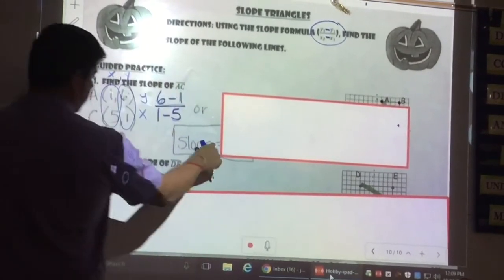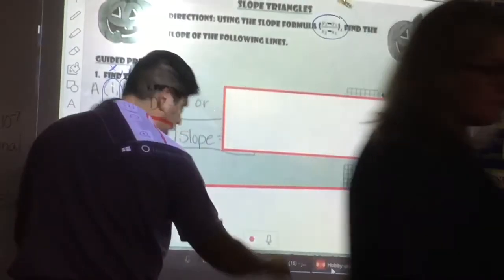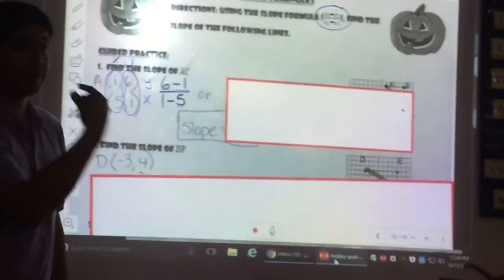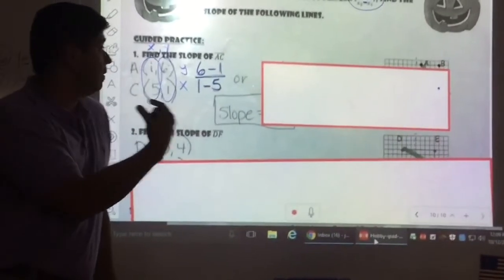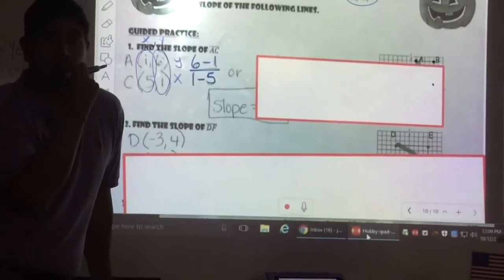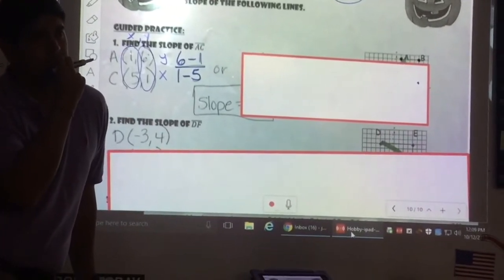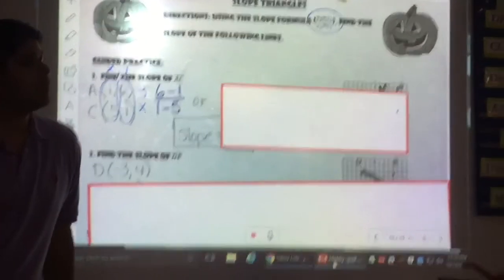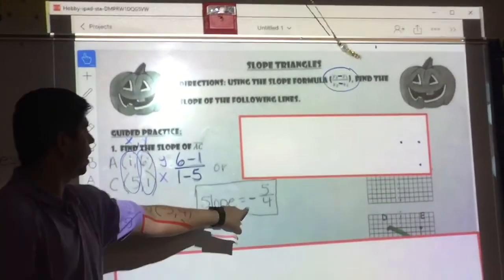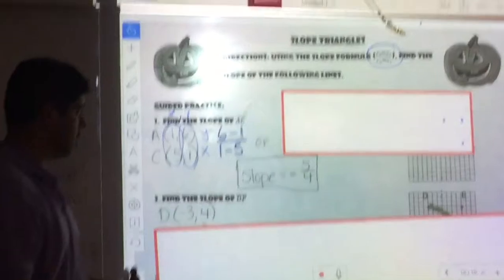Slope equals, what does it equal? What's your numerator going to be? What's 6 minus 1? 5. What's 1 minus 5? Negative 4. You might have to go back and put it in the calculator just to be sure. Your slope is negative 5 over 4.